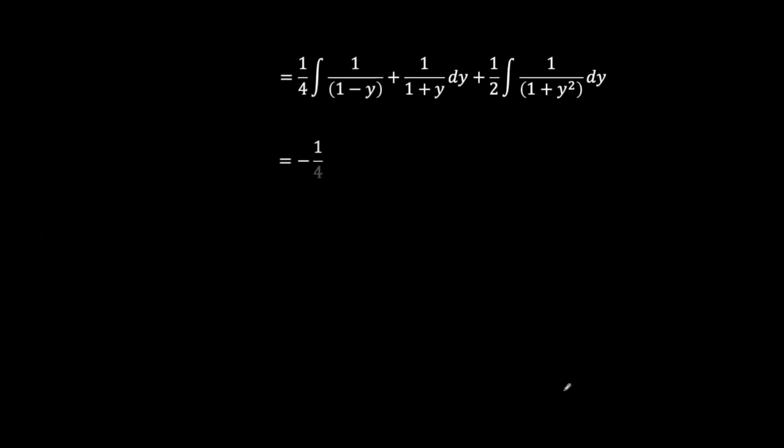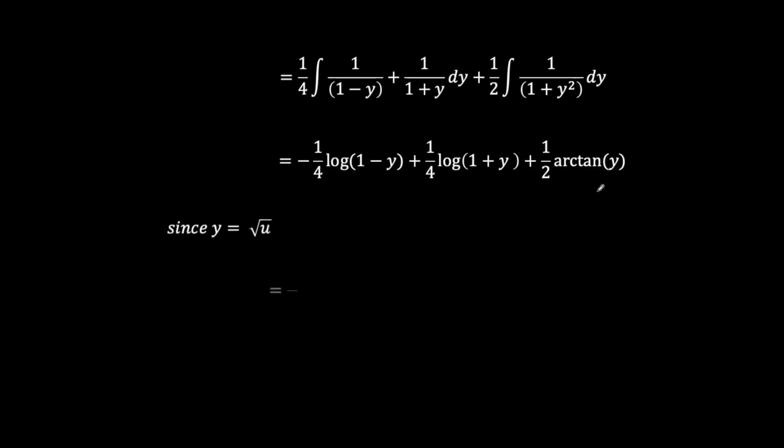So quick thing, this is the same as negative a quarter natural logarithm of 1 minus y, the integral of 1 over 1 minus y. And then this is the same as a quarter natural logarithm of 1 plus y. And then this is a very famous integral, which is now half times the arctangent of y.